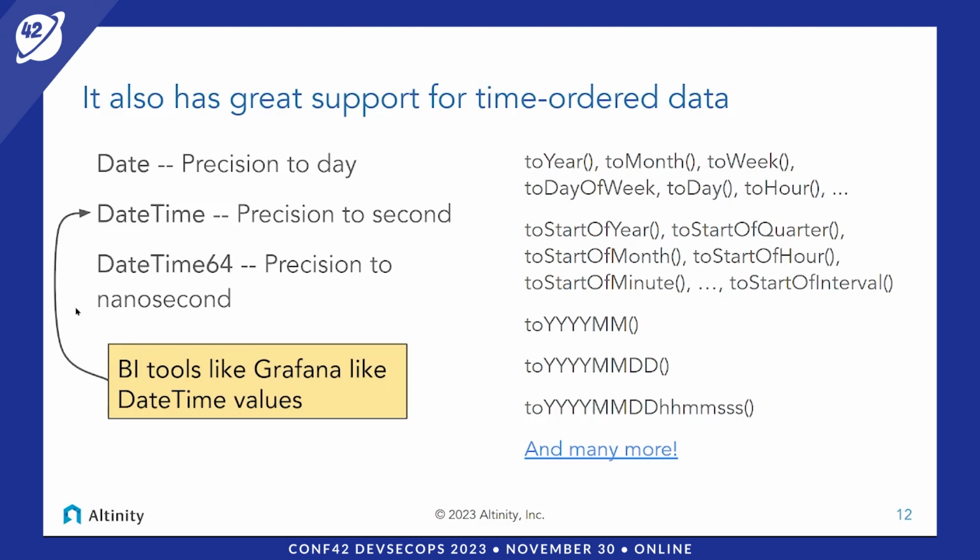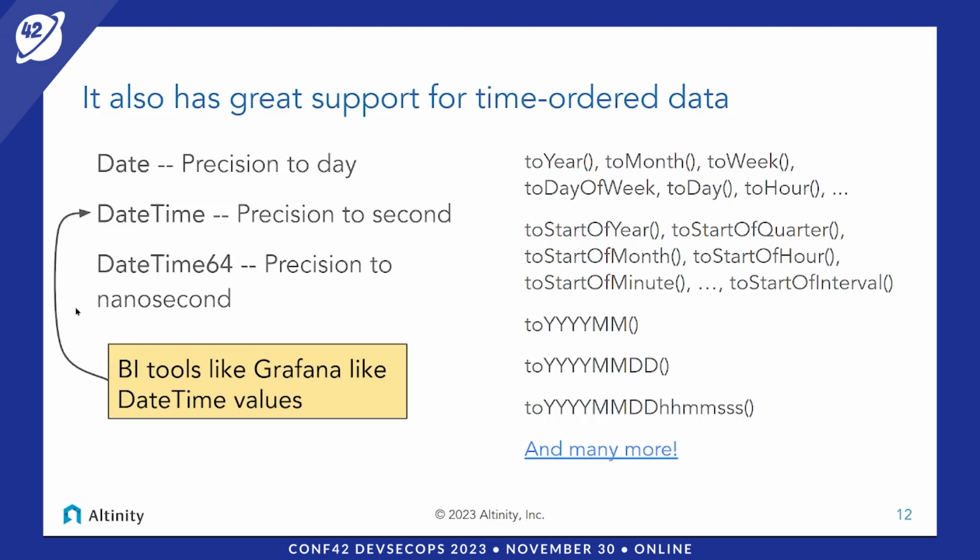So there are 3 date types. Regular dates, which are pretty useless for high granularity data, but DateTime, which is your typical Unix timestamp, and then DateTime64, so you can get precision down to nanosecond. BI tools tend to like DateTime. And then there's a whole raft of functions that allow you to process the data.